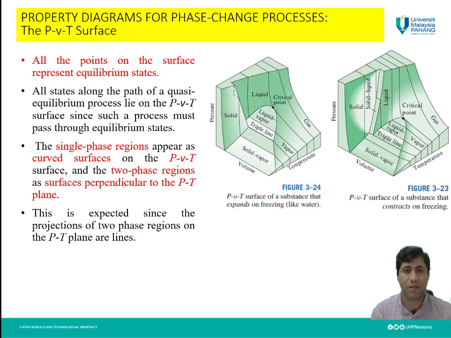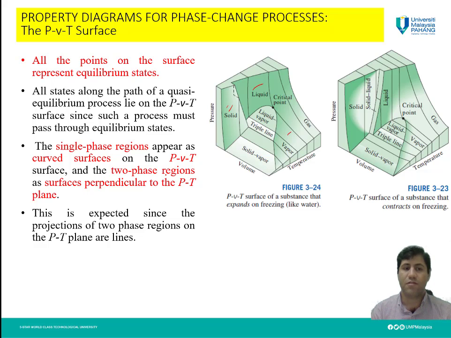It is also, I think, clear. The single phase regions appear as curved surfaces, like this solid curved surface, liquid curved surface, and you can see here all of the curved surfaces are for the single phase regions.